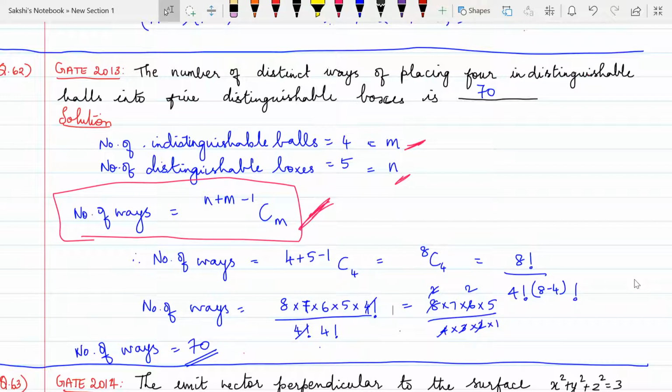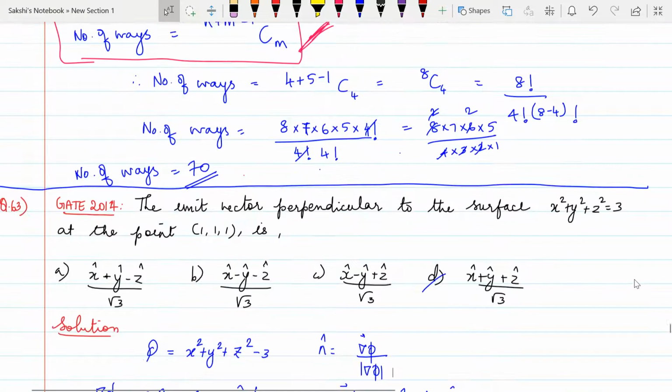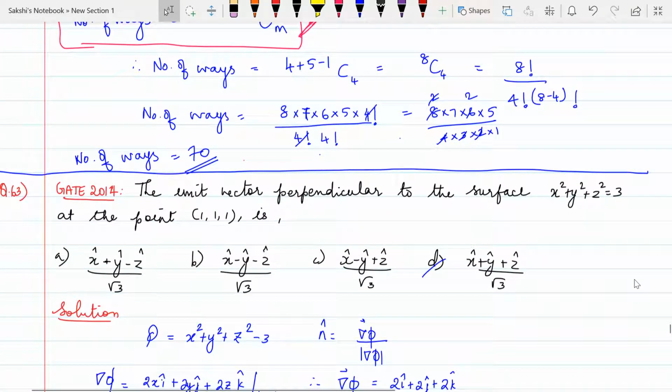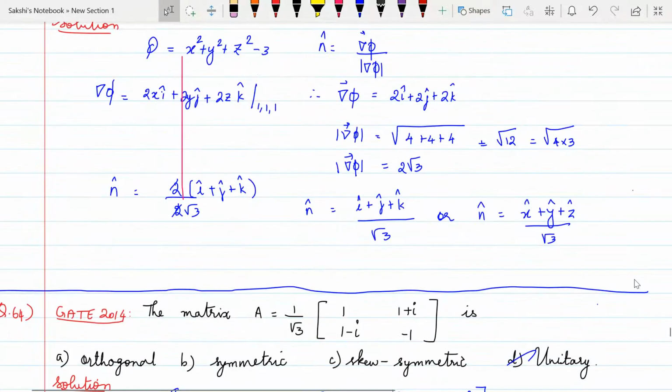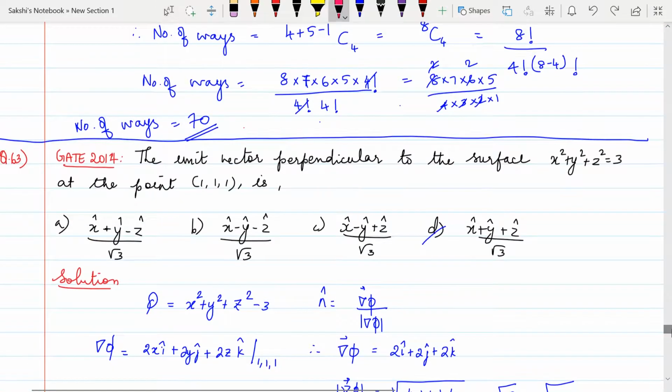The next is the vector question from GATE 2014. The unit vector perpendicular to the surface. Whenever you have a question which says unit vector perpendicular or normal, you have to find n cap.